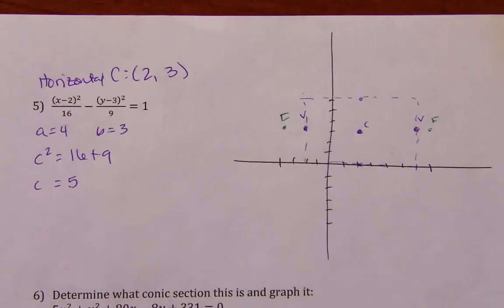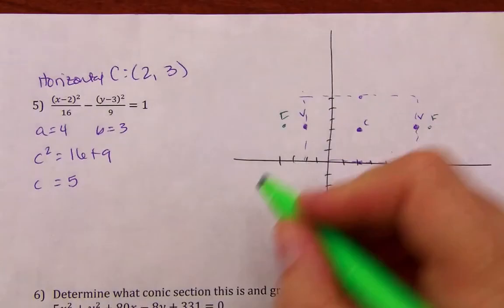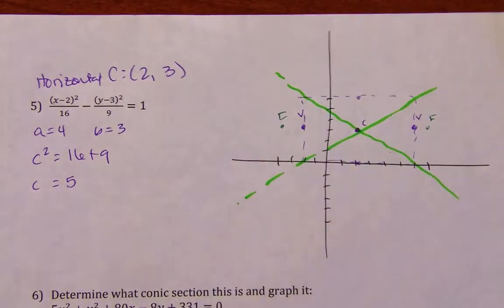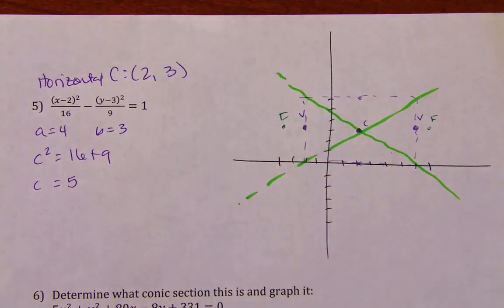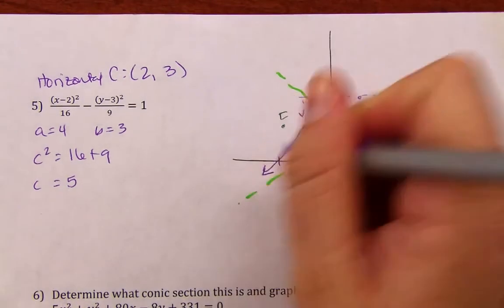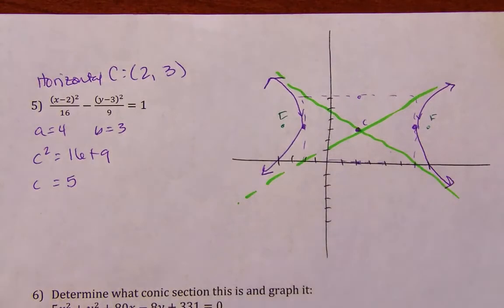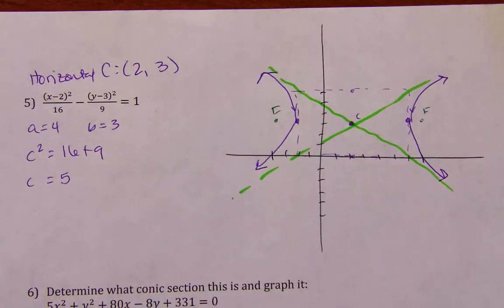Okay. And now we have enough to draw our graph. So I'm going to go ahead and draw my asymptotes. And the curve of my graph. And there we go. That's our graph.